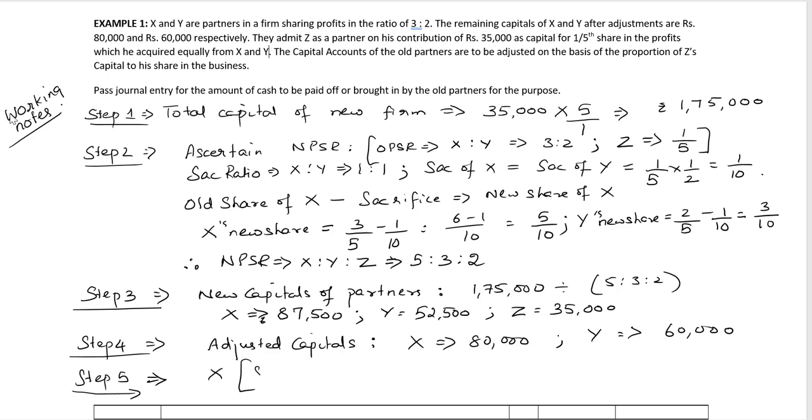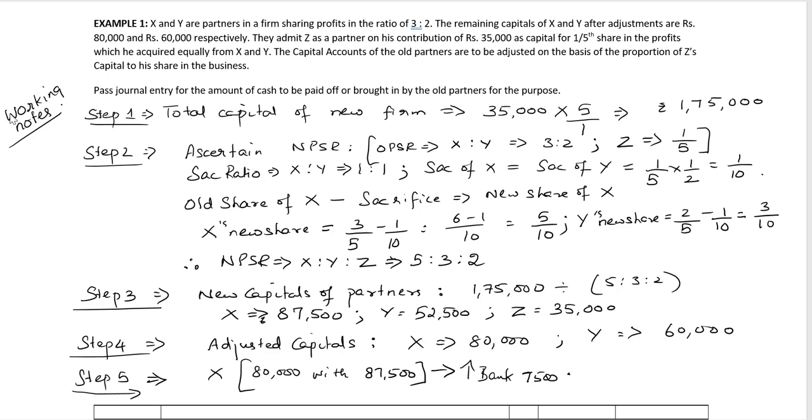In the case of X, adjusted capital is 80,000 with the new capital of X, 87,500. So X has to bring in cash of rupees 7,500.